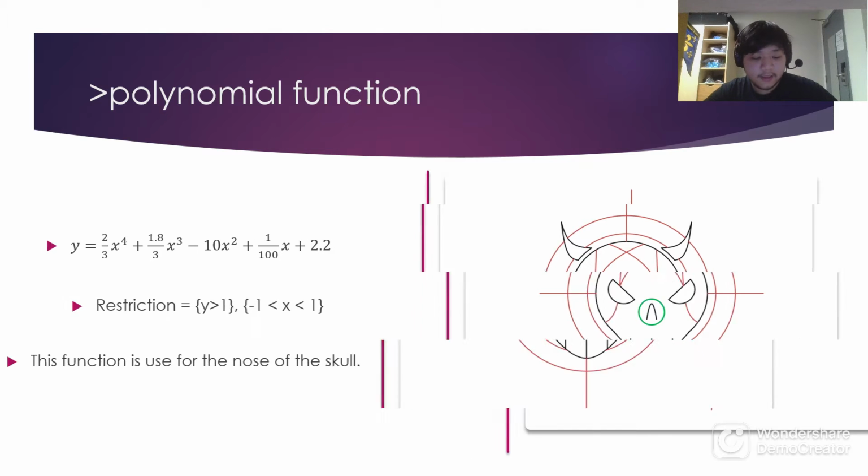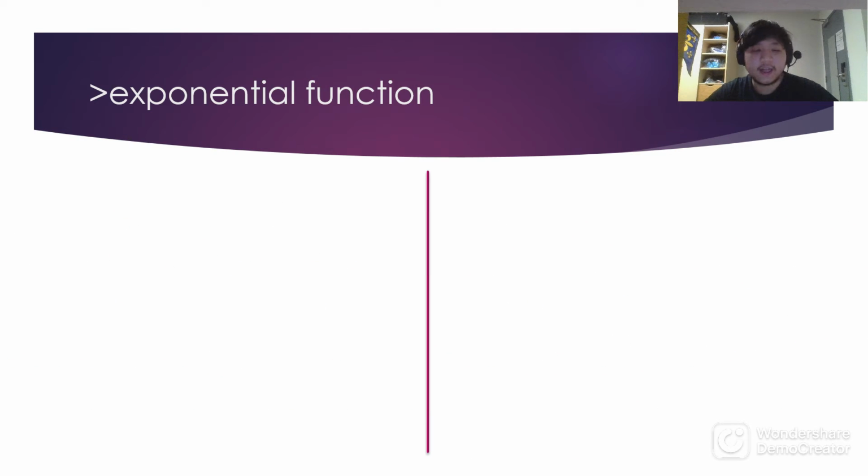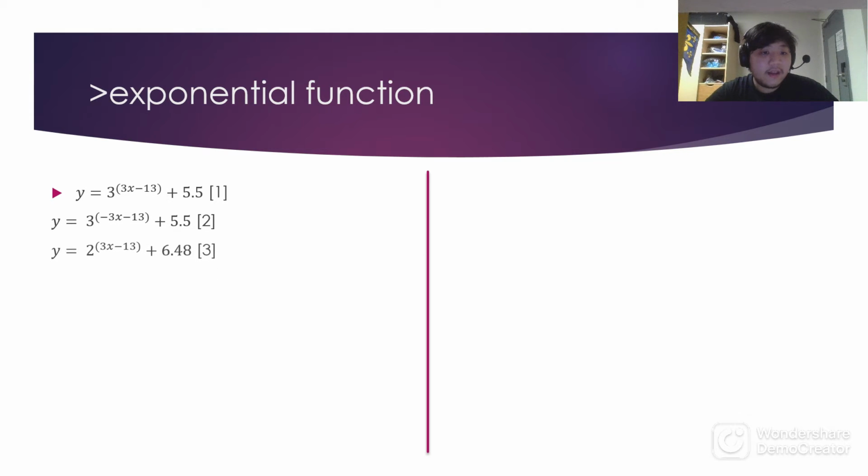The next key function that we'll be covering is the exponential function. For the exponential function, I shall be writing down 4, as so. You can see that all 4 exponential functions are labeled in a square bracket with numbers. I will be referring to the respective functions by the numbers inside the square bracket, to make things easier and simpler to say.